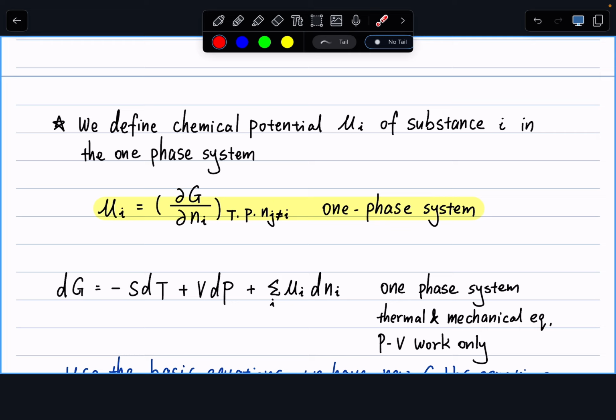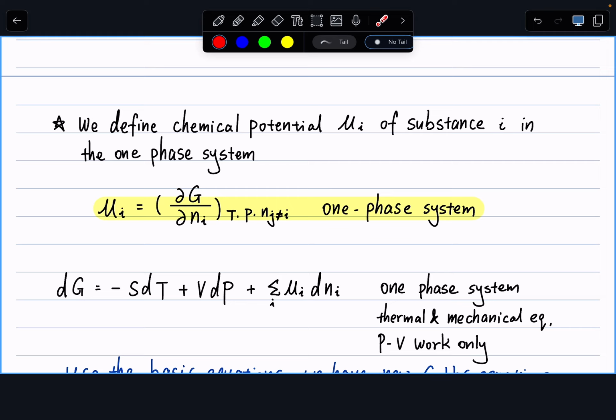So the chemical potential mu_i of substance i in a one-phase system is defined to be the partial differential of Gibbs free energy over the change of the number of moles of that substance i at constant T and P, while the numbers of moles of the other substances are kept constant.